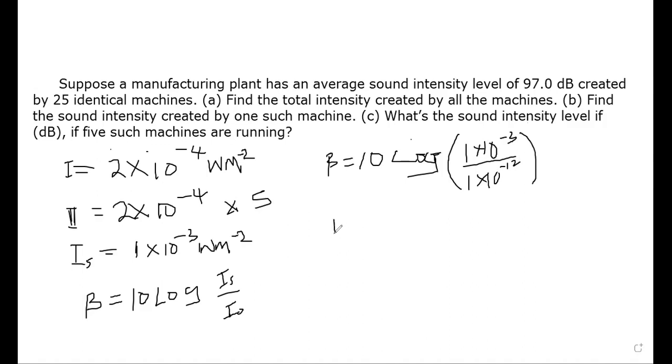Okay, so this would give us beta equals to, when you use your calculator to simplify it, we'll get 90 decibel.